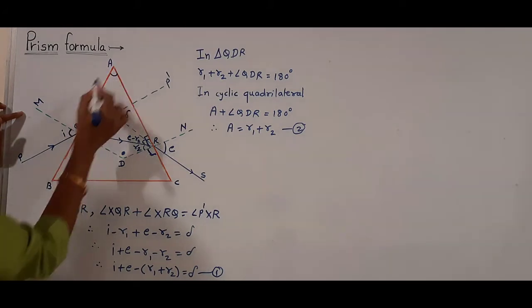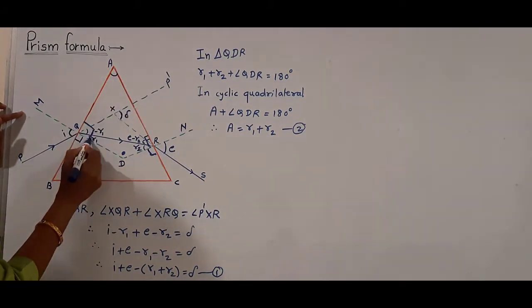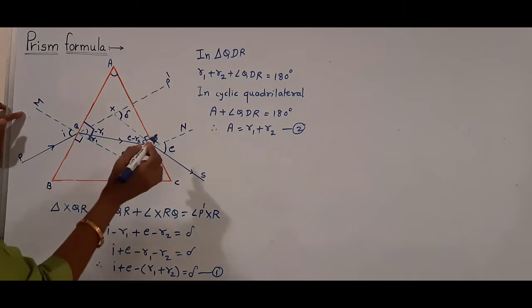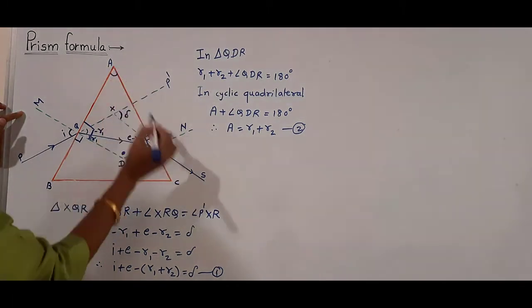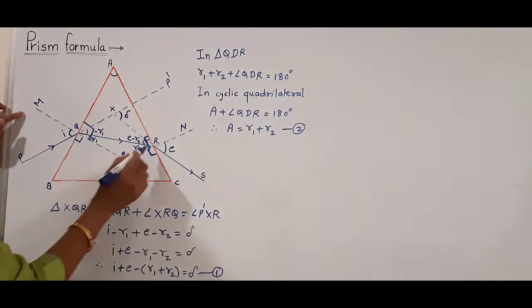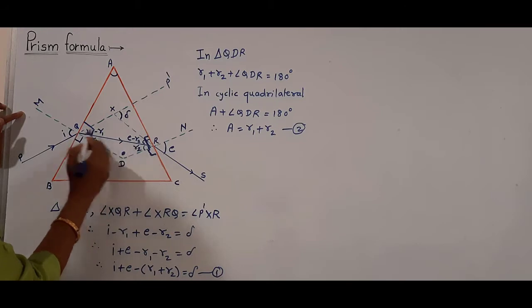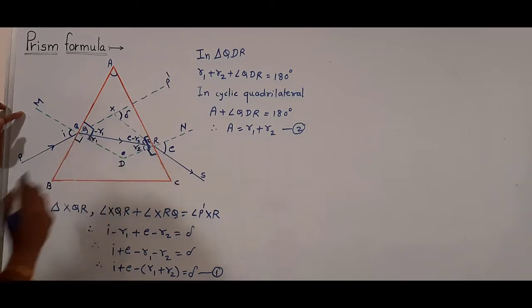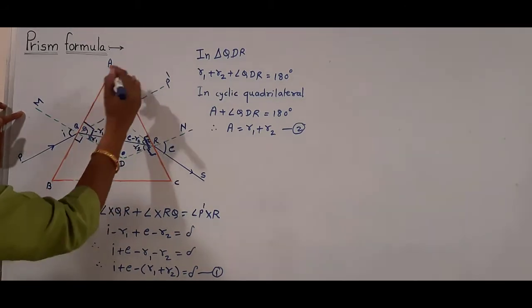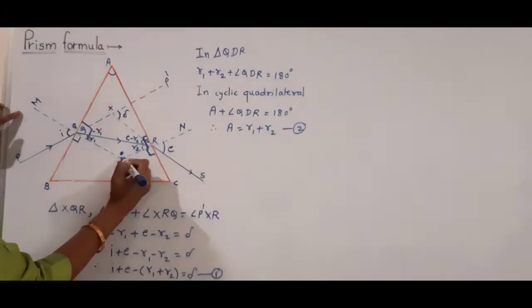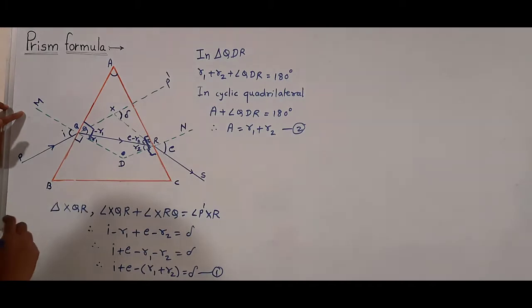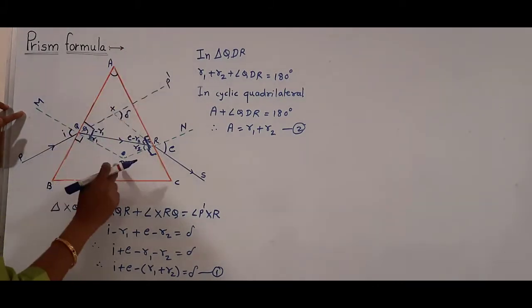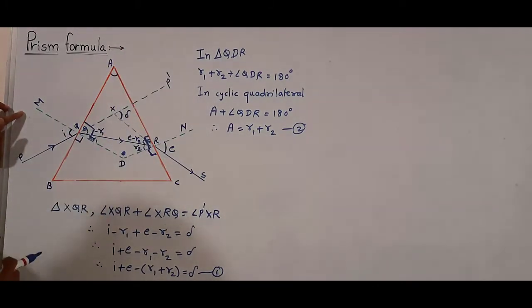Therefore, this angle AQD is 90 degrees. In a similar way, angle ARD is 90 degrees. Means addition of both these angles, we can get 180 degrees. Therefore, angle A added with the angle QDR should be 180 degrees. Means AQDR is a cyclic quadrilateral.